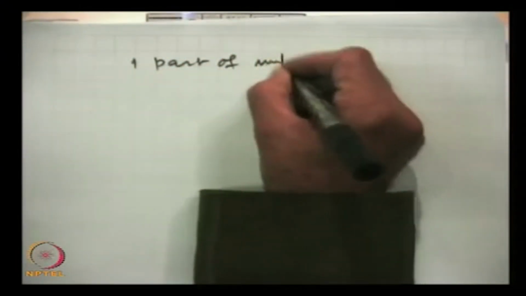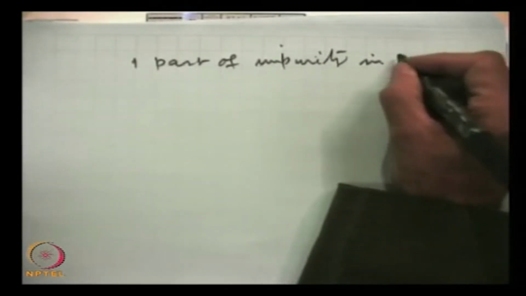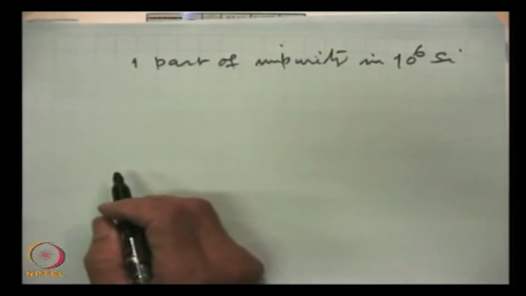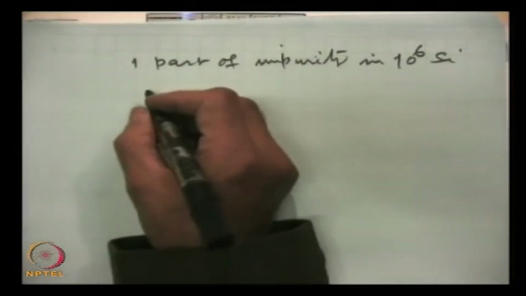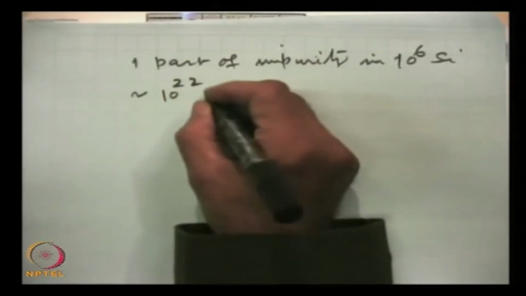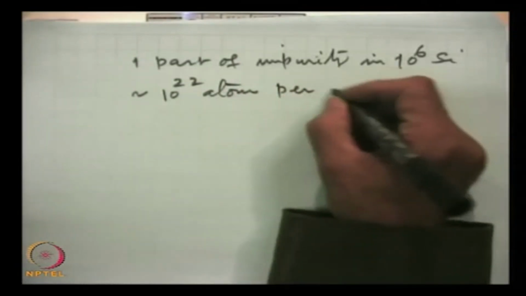If we mix an impurity of the order of 1 part of impurity in 1 million host atoms, that means 10 to the power 6 silicon atoms for example, then, from Avogadro's number, there are roughly 10 to the power 22 atoms per cubic centimeter.